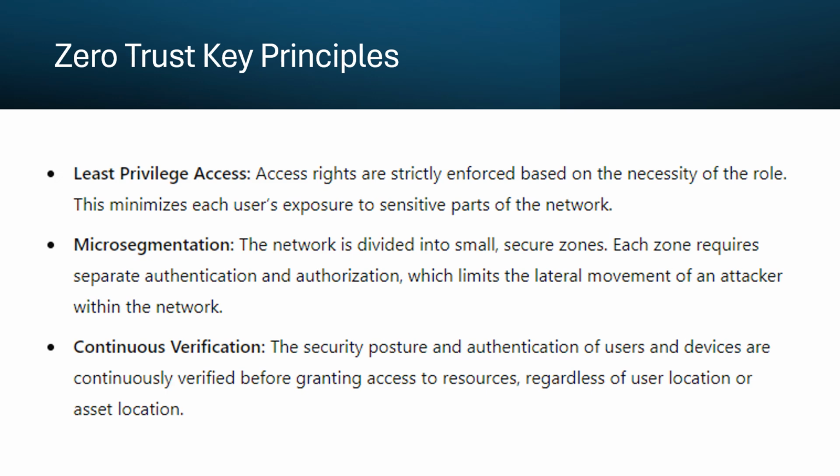Each zone requires separate authentication and authorization, which limits the lateral movement of an attacker within the network. And 3. Continuous verification. The security posture and authentication of users and devices are continuously verified before granting access to resources, regardless of user location or asset location.